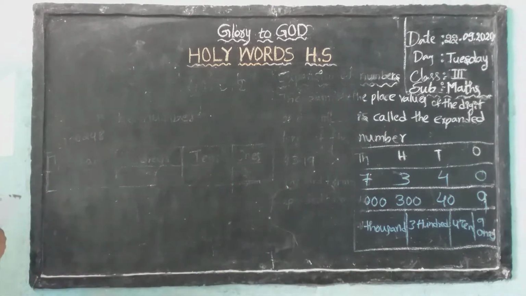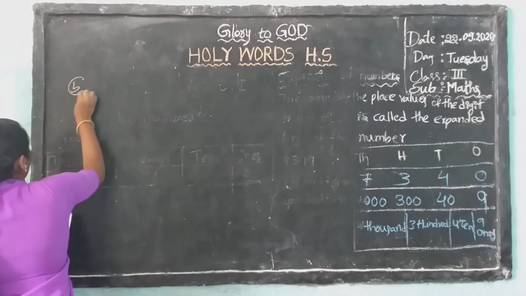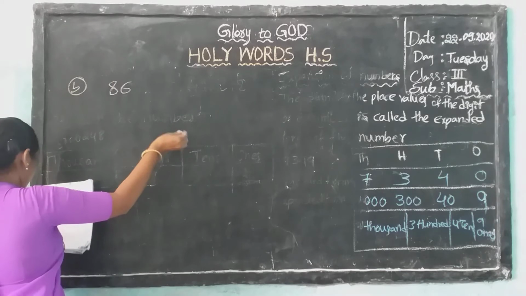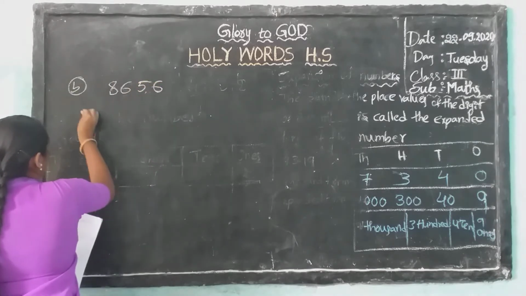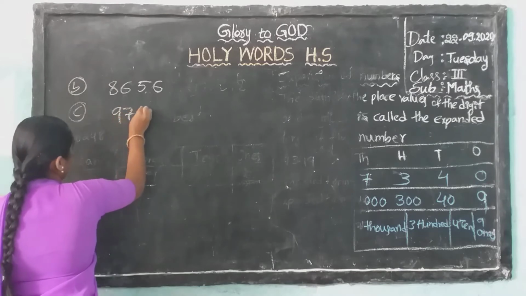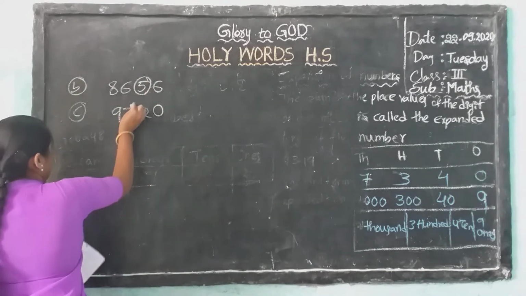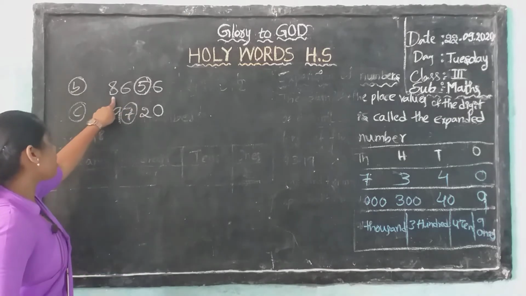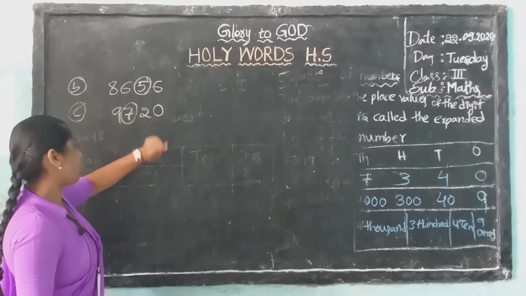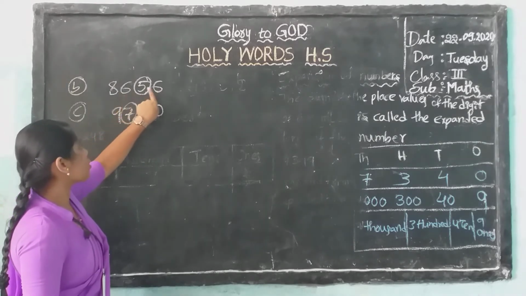Second bit: write the place value of the encircled digit. B problem, 8656, and C, 9720. Here 5 is encircled and 7. In 8656, which place is 5 in?